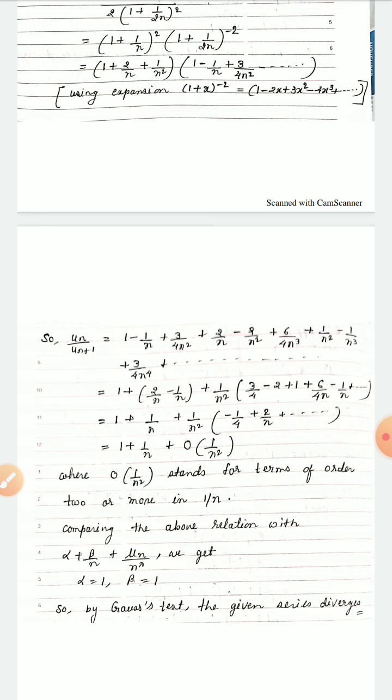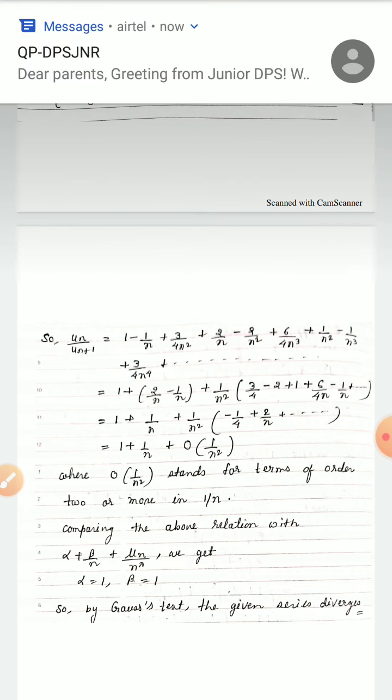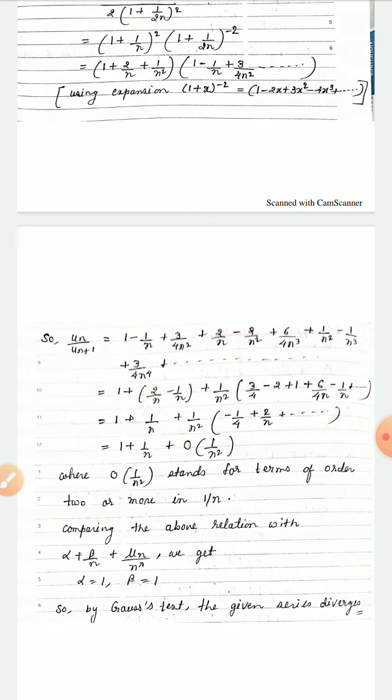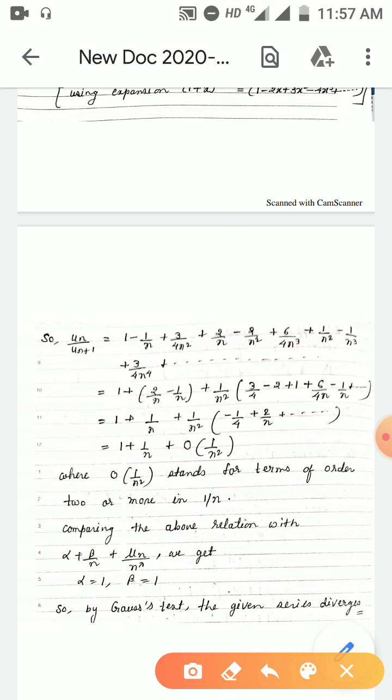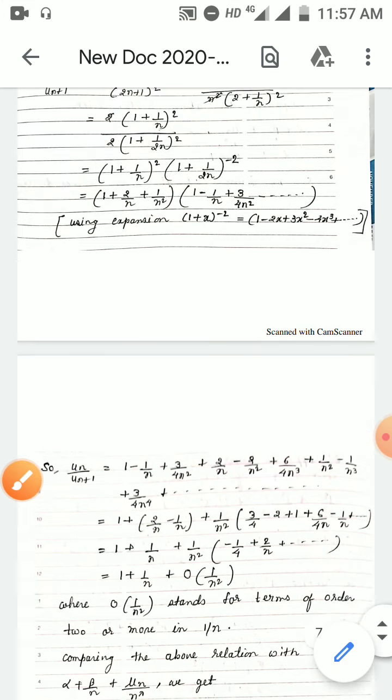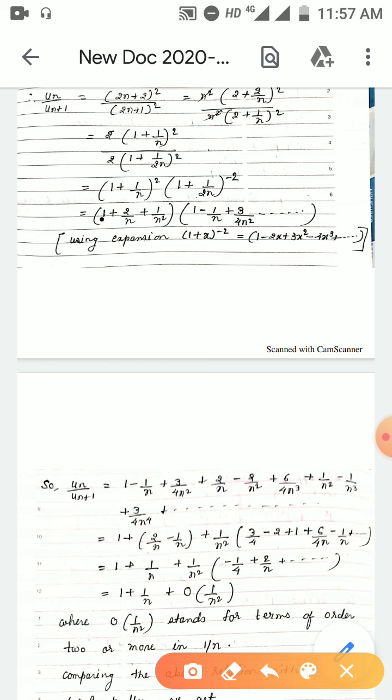So we have to open the bracket and simplify the right hand side. uₙ/uₙ₊₁ can be written as (1 + 2/n + 1/n²)(1 − 1/n + 3/(4n²) ...). Multiplying 1 with these three terms, we get 1 − 1/n + 3/(4n²). Then multiplying these three terms by 2/n, we get 2/n − 2/n² + 6/(4n³).